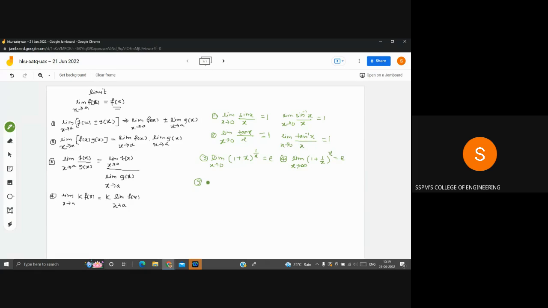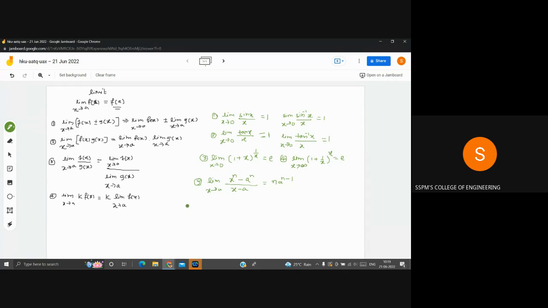The next one is the limit as x tends to a of x raised to n minus a raised to n upon x minus a, which gives n into a raised to n minus 1. So these are some results which are useful.